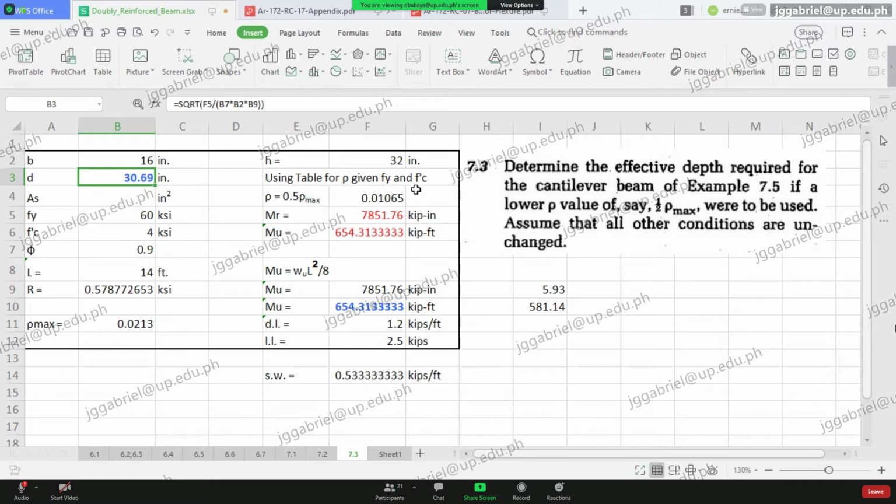If you increase the depth, what happens to your required steel?